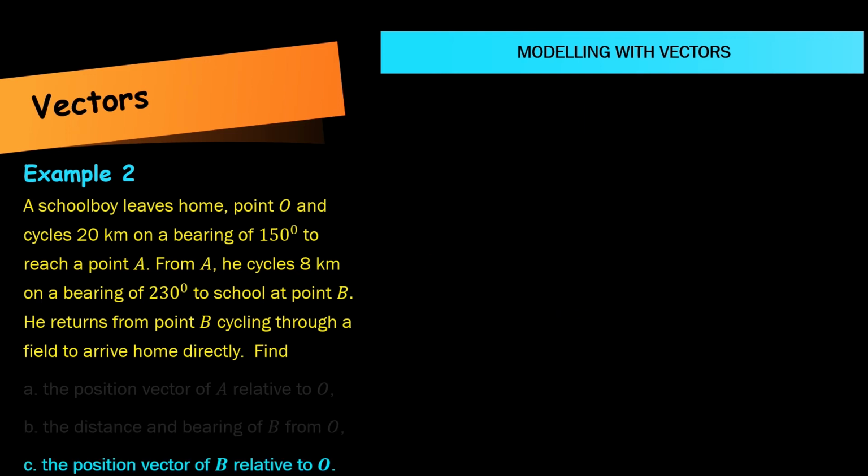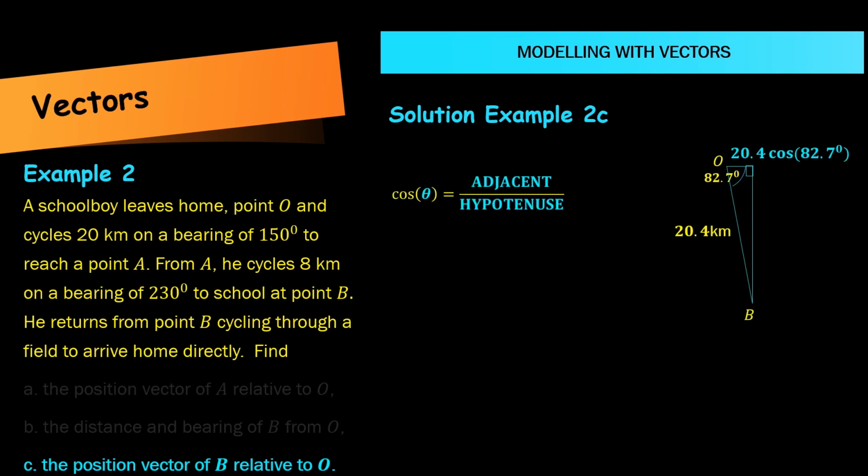Finally, for 2 part C, we are required to find the position vector of B relative to O. So let's solve this. So here's the relevant part of the diagram. We can find the i direction of the vector OB by using the cos ratio, which is cos theta equals adjacent over hypotenuse.